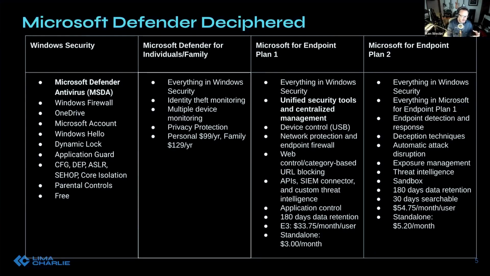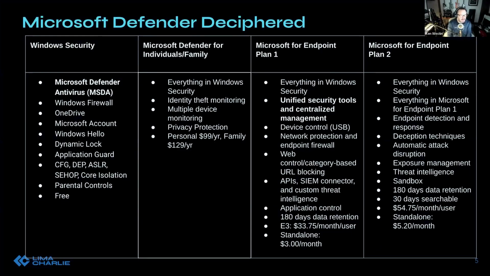And so you have first Microsoft Defender for families, and it really doesn't add any additional capabilities at all. You have identity theft monitoring and some privacy protection, so some additional services around that. And then when you actually get into the endpoint for enterprise, that's where you have plan one and plan two.